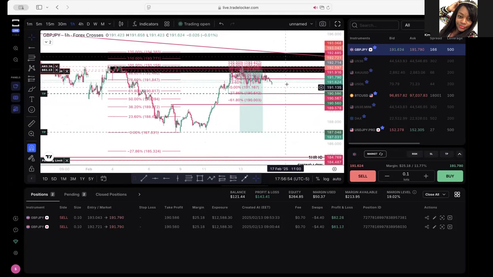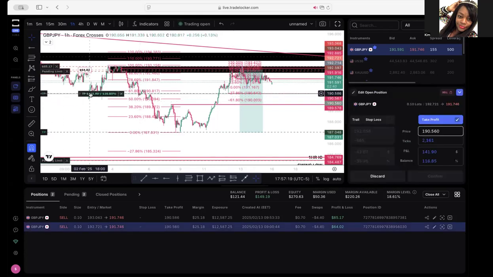This is the second pullback, and then there's a third. So once it gets here, I'll probably trail it a little more because I am expecting price to go down to these lows. I'm almost wanting to also put my TP. I'm going to put my TP at the 618. That's what I'm going to do.